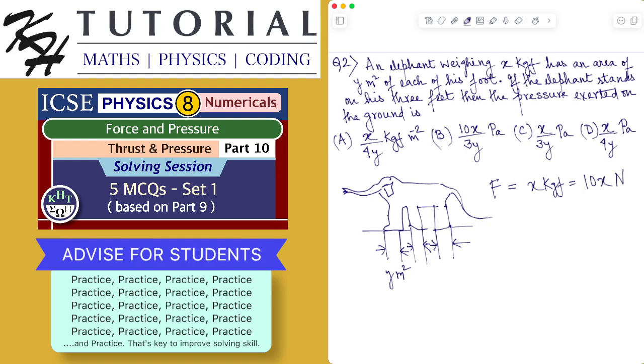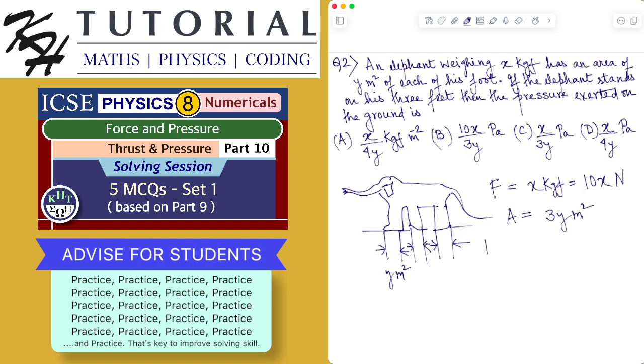This is the total force acting vertically downwards on the ground, that is the thrust. What is the total area of contact that the elephant is having? The total area of contact will be 3 into the area of each of his foot. So this will be 3y meter square.